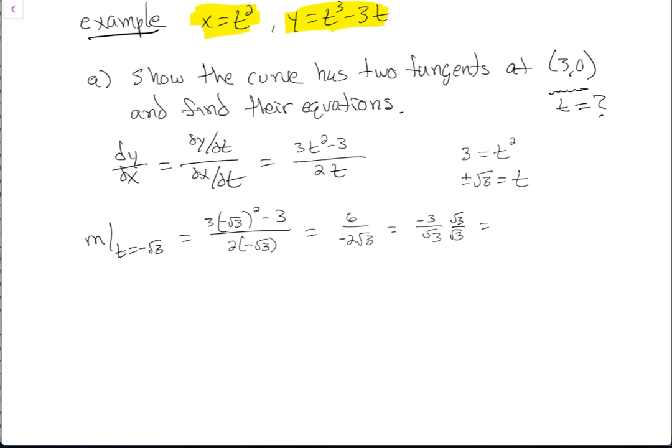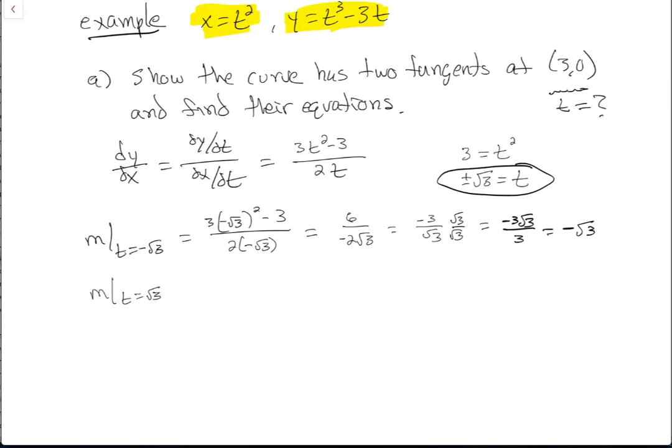That's going to give me negative 3 root 3 over 3, which is just negative root 3.